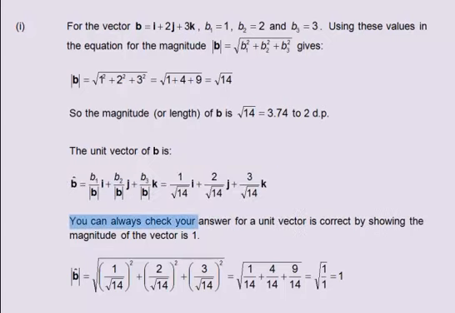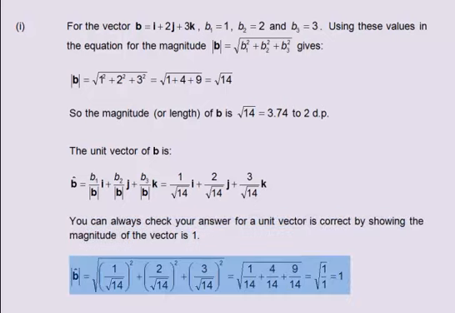You can always check your answer for a unit vector as correct by showing the magnitude of the vector is 1. So here the magnitude of b hat equals the square root of (1 over root 14) squared plus (2 over root 14) squared plus (3 over root 14) squared, which equals the square root of 1 over 14 plus 4 over 14 plus 9 over 14, which equals the square root of 1, which is 1.